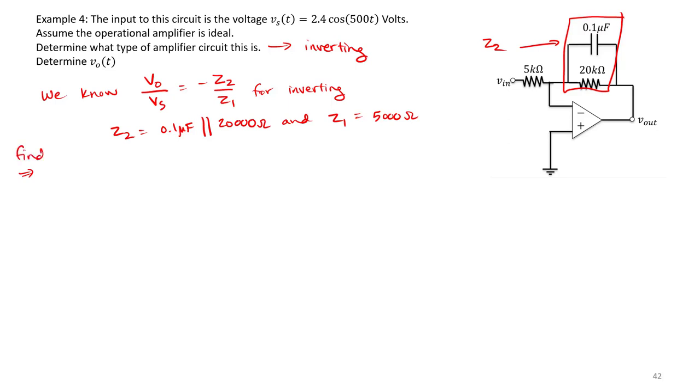So let's find Z2. We know that it's just those two components in parallel. And again, watch the units here. I'm going to convert kilo ohms to ohms just so I don't mess anything up.